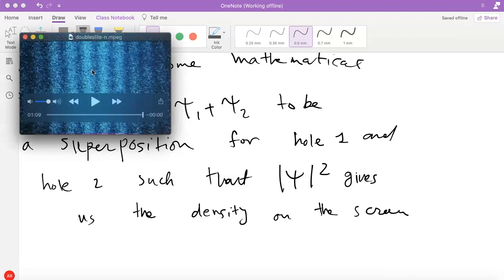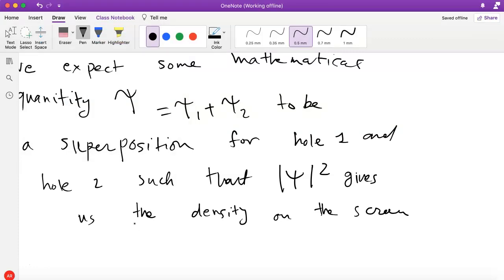So more electrons hit in this region where you have a bright fringe. So if there's some underlying probability to this random behavior of electrons, you have a higher probability of hitting the screen in the region where there's a bright fringe than where there's a dark fringe.